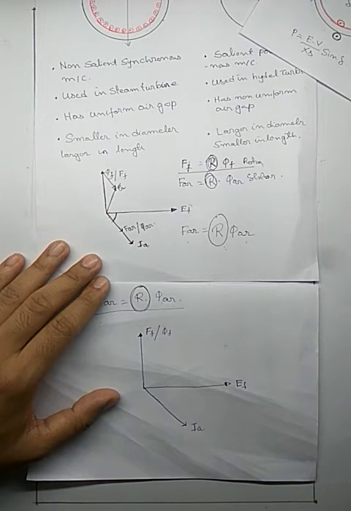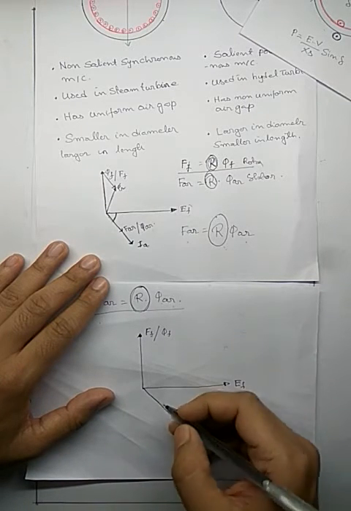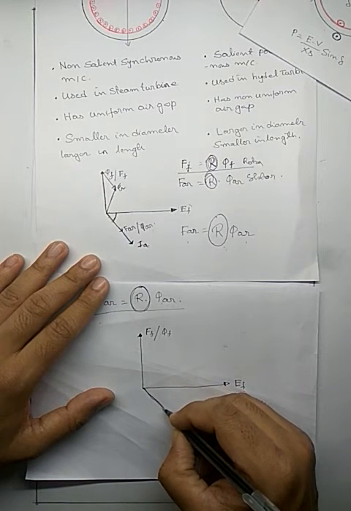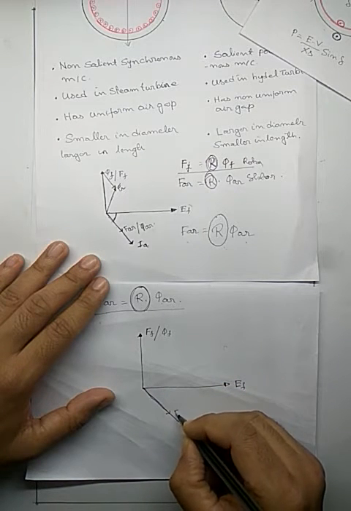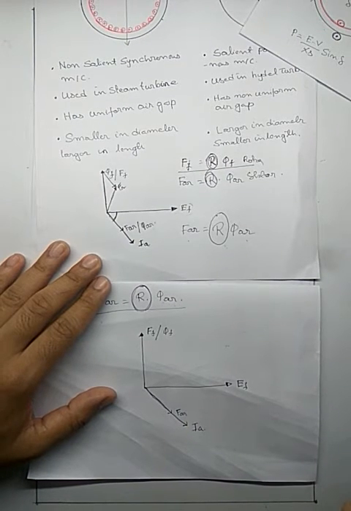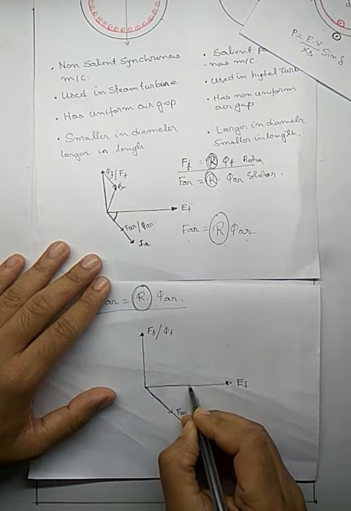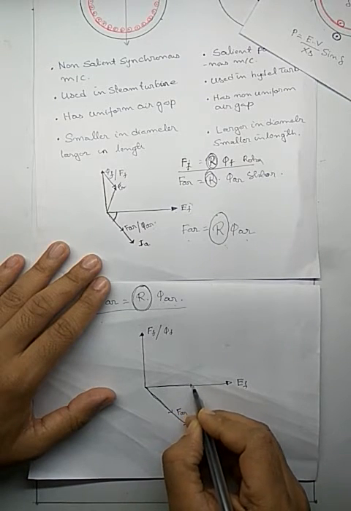Up to this also there is no change. Now, say for this there is an MMF. What we do is split this MMF along two directions.